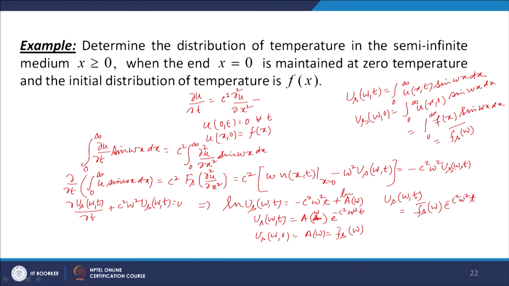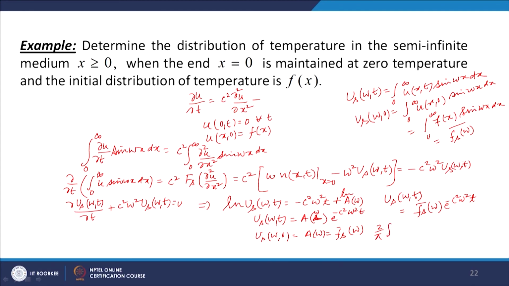Now, let us use the inversion formula for the Fourier sine transform. While inverting we will take 2 over pi. So, we multiply both sides by sine omega x, integrate over 0 to infinity with respect to omega and multiply by 2 over pi.